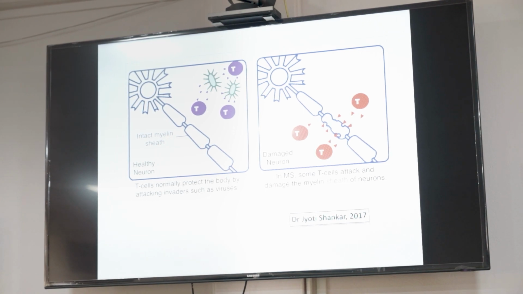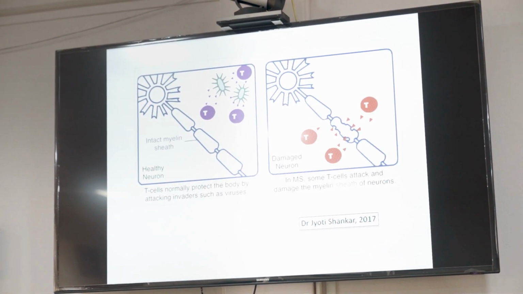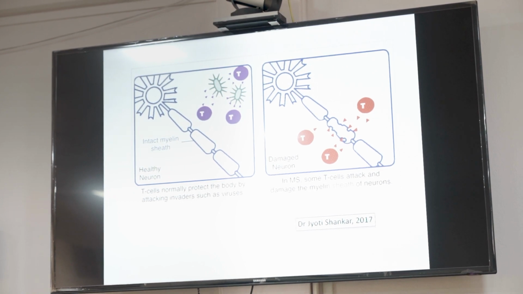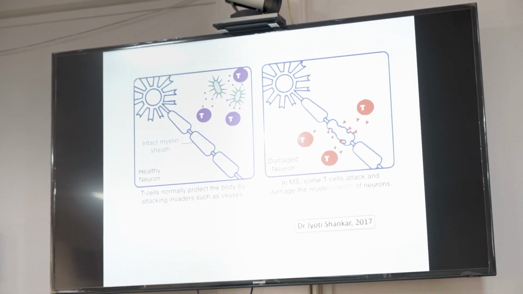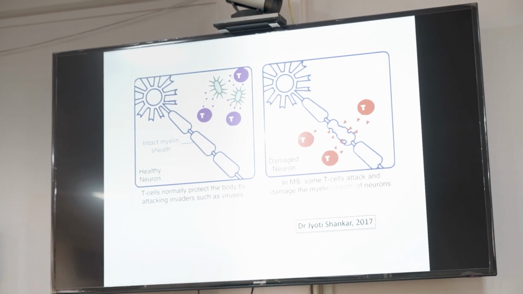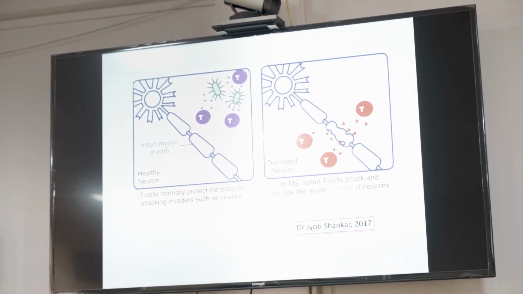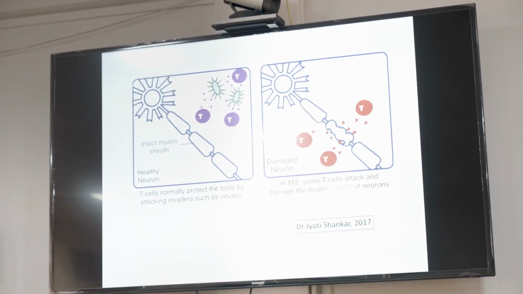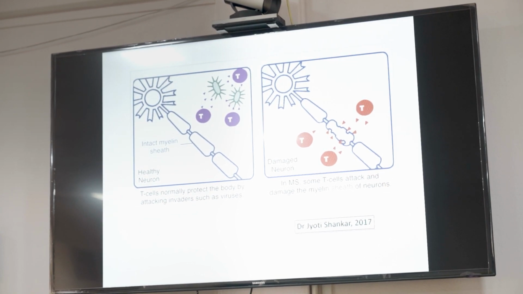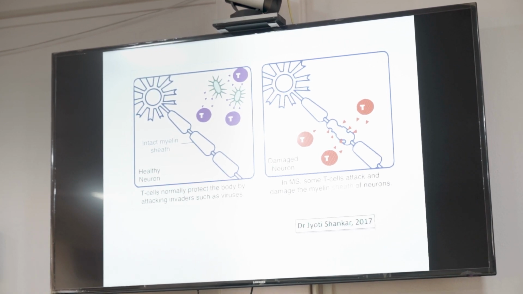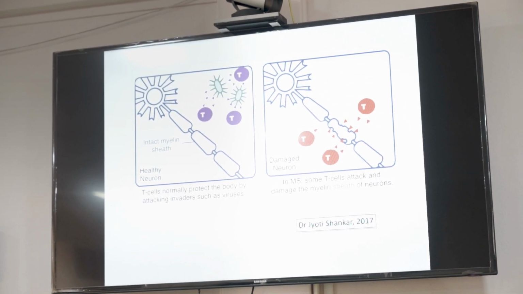However, in patients suffering from multiple sclerosis, when they are exposed to certain viral infections, the T cells migrate into the brain area or the central nervous system, and instead of acting on the antigens, they recognize the myelin as something foreign and attack it, thereby destroying the myelin sheath.